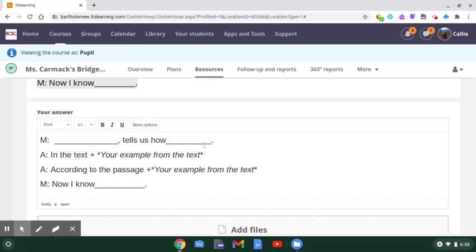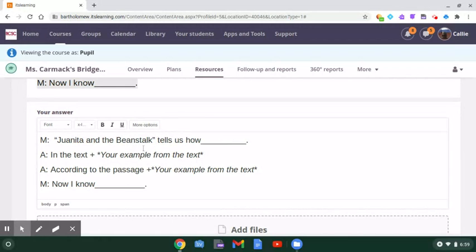Great. So my first M, this seems to be the one that we always have the most trouble with. So let's go ahead and talk about what this should be. So I have blank tells us how blank. So remember that first blank should be your text title, and it's Juanita and the Beanstalk.